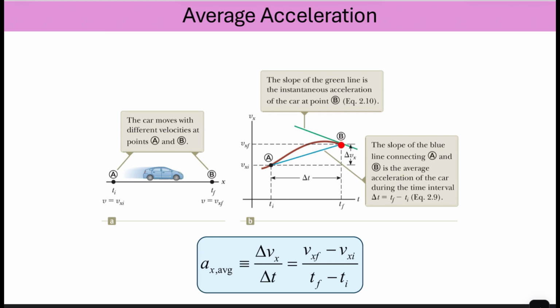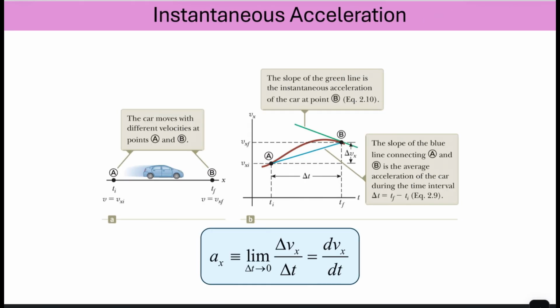However, if we want to know exactly what the acceleration of the car is at point B, again, you are going to draw a tangent line touching point B, and then calculate the slope. That will give you the information of the instantaneous acceleration of the car.